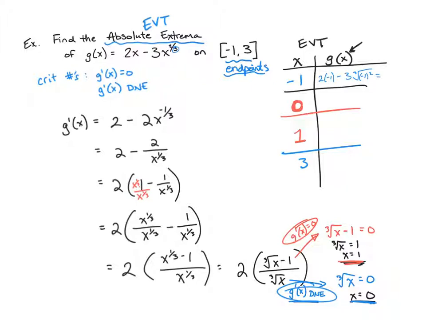So the value there would be -2 minus 3 times -1 squared, which is +1, cube root it, still a +1. So I've got -2 minus 3.